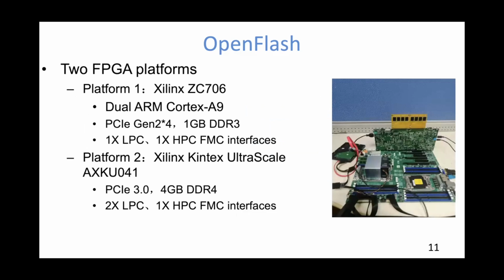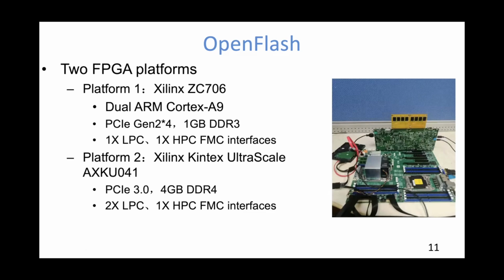Right now, OpenFlash can run on two FPGA platforms. The first platform is the Xilinx ZC706. It has similar configurations to OpenSSD. For example, it has dual ARM Cortex-A9 cores, 1 GB DDR3 DRAM, and a PCIe Gen 2 interface. So it's similar to the existing OpenSSD.